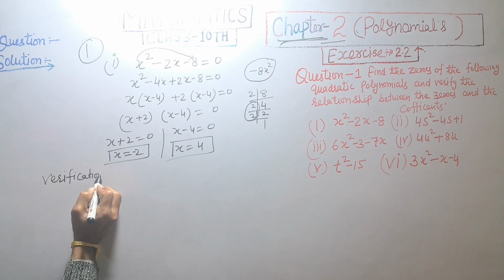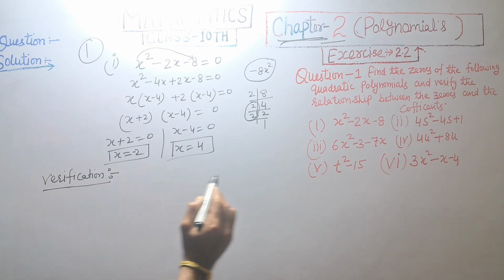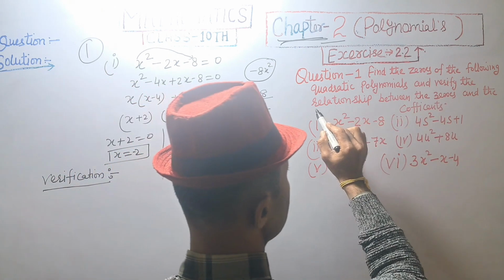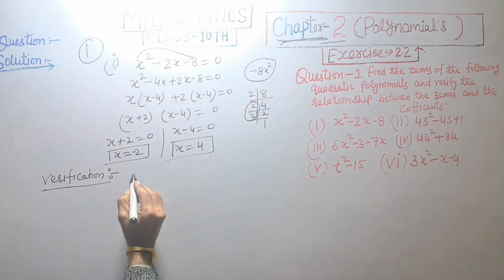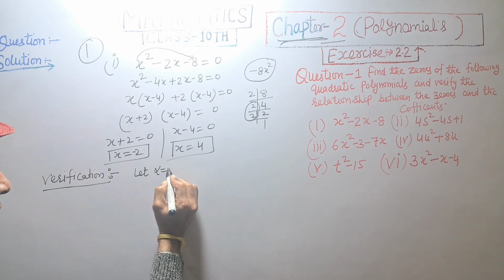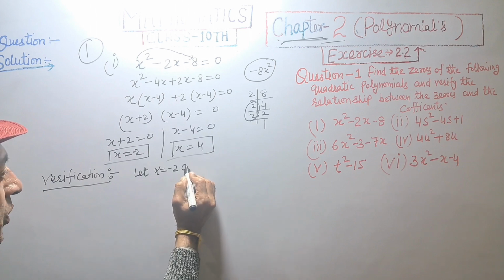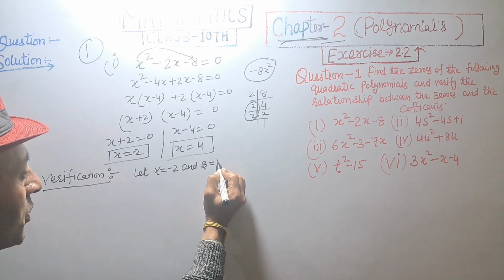Verification. Verify the relationship between the zeros and the coefficients. Let alpha is equal to minus 2 and beta is equal to 4.